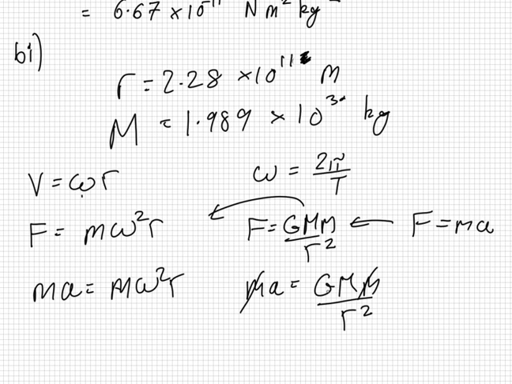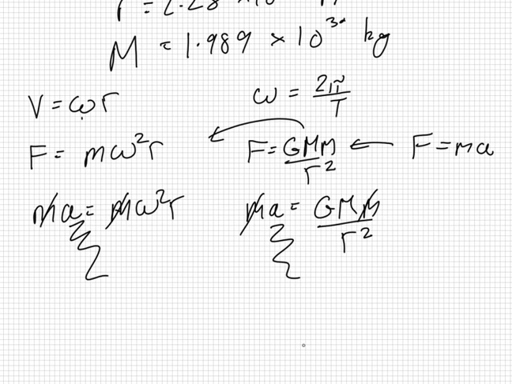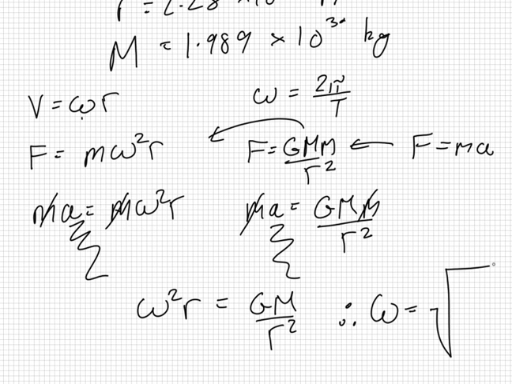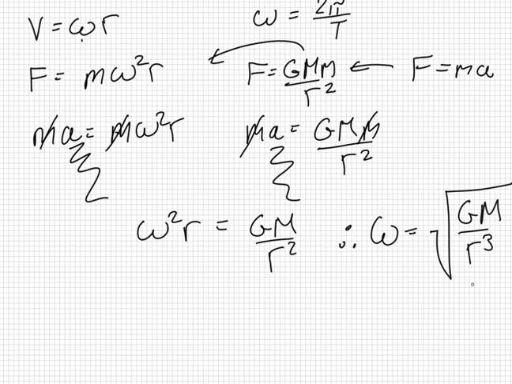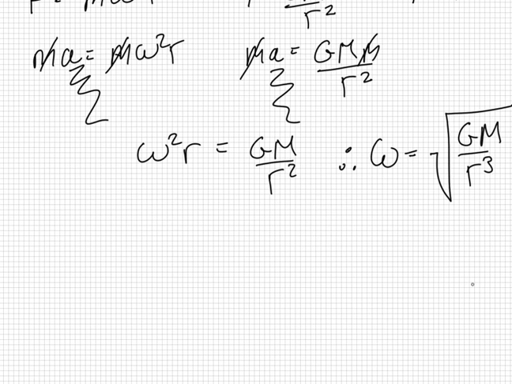Those small m's go, and because that's equal to a and that's equal to a, they're equal to each other. So you get omega squared r equals G m over r squared. Therefore, now we have a formula for omega. Omega equals square root of GM over r cubed. And that's great because we know the G, the M, and the r.